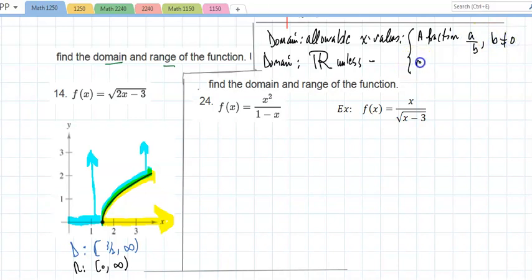An even index radical. And with an even index radical, we want the radicand, the quantity underneath the radical, to be bigger than or equal to 0, provided n is even. And a log, we're not going to talk about a log yet because that's the next section. When we get there, we'll talk about it in full detail.